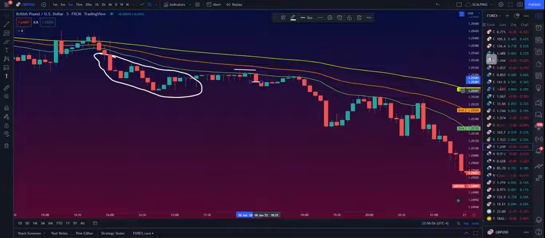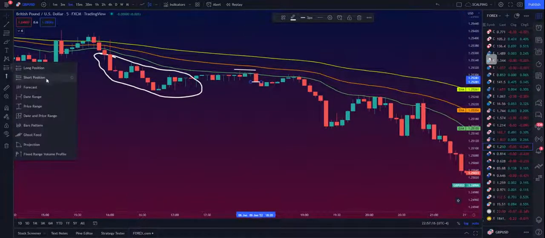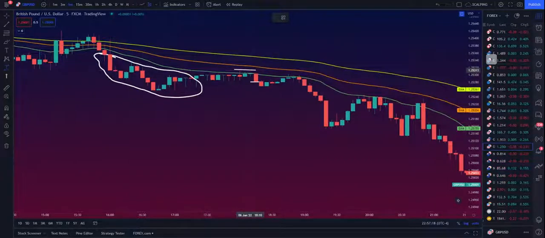Now, with these, I know you guys know that I don't like targets. I don't like target prices. I like to let the chart tell me what to do. But I want you guys to practice target prices if you're going to start scalping. So whatever this distance is, set a target that's 1.5 times that.